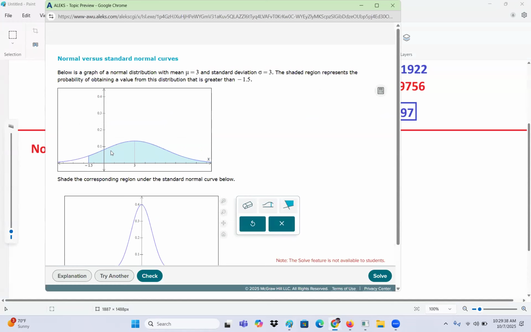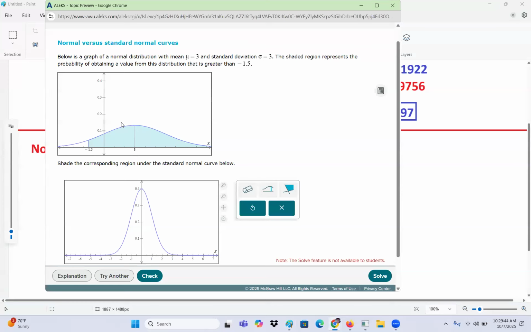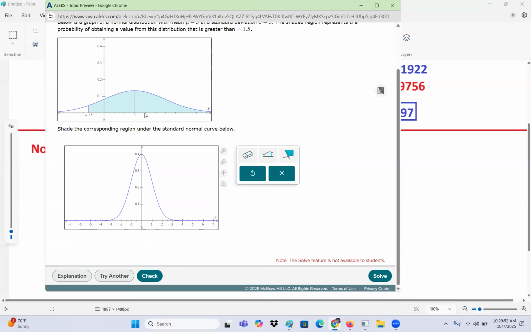Which really boils down to an inequality. You have to shade the standard normal.